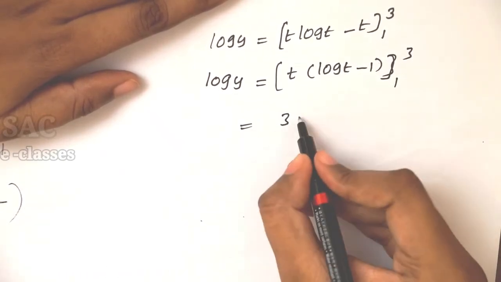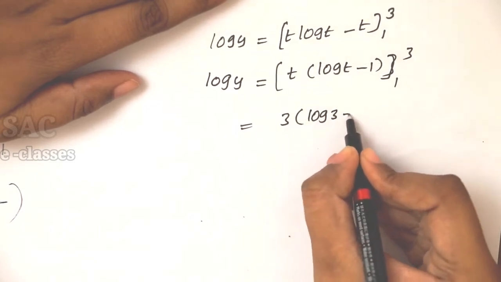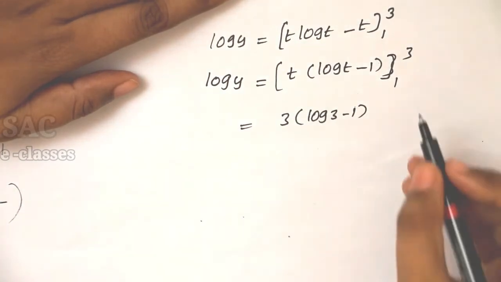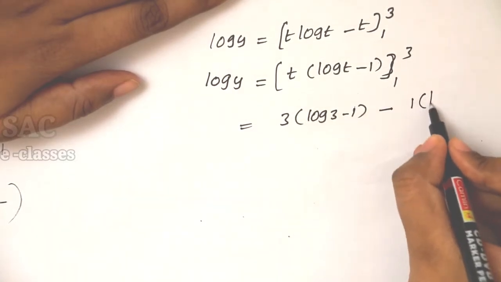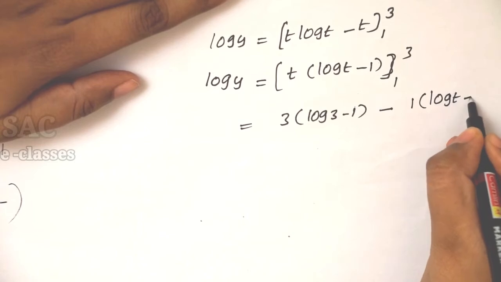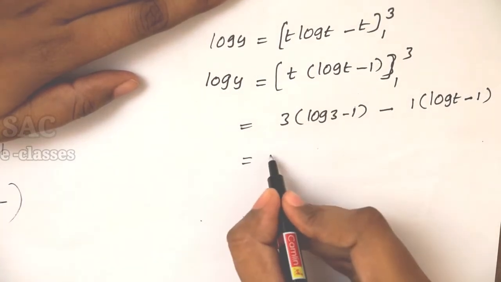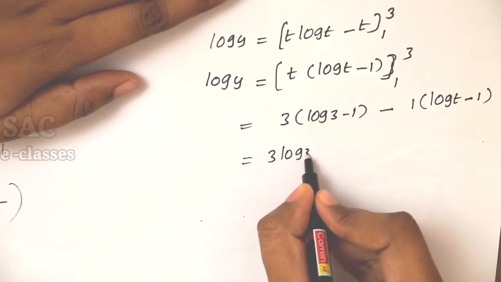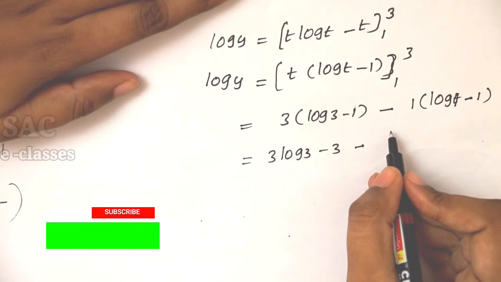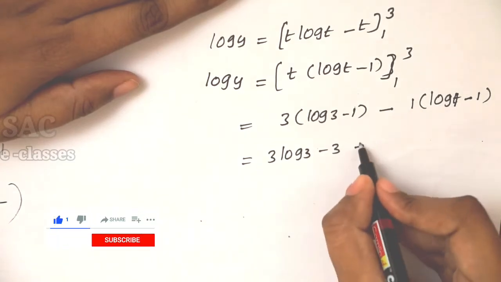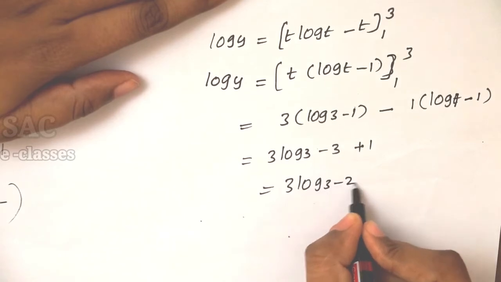Apply the limit: 3 into log 3 minus 1, minus 1 into log 1 minus 1. So 3 log 3 minus 3 minus log 1, which is anyhow 0, and 1 into 1 it is plus. So 3 log 3 minus 2.